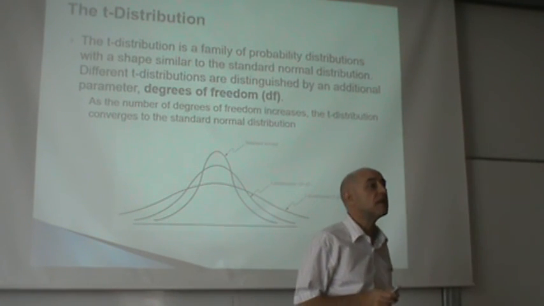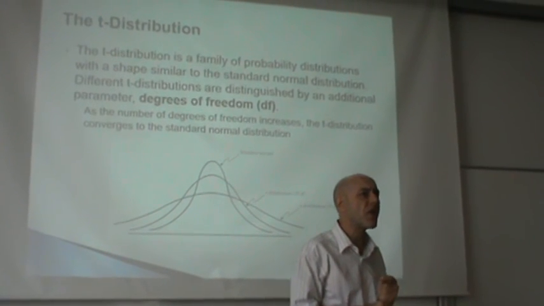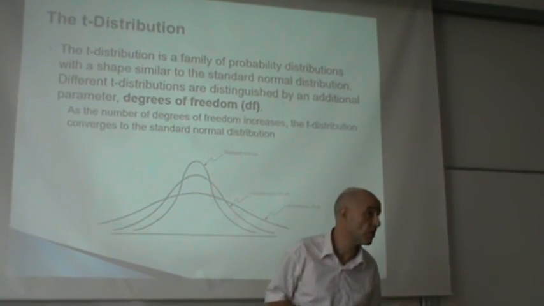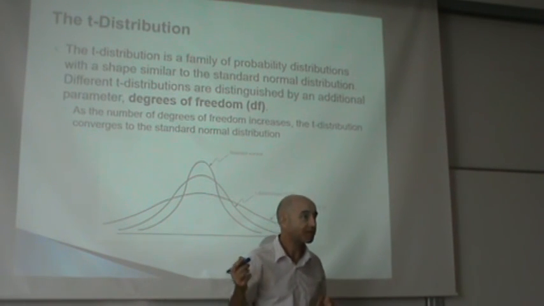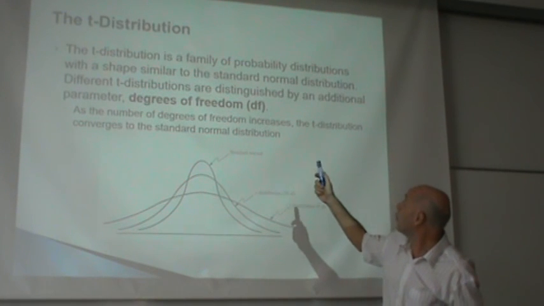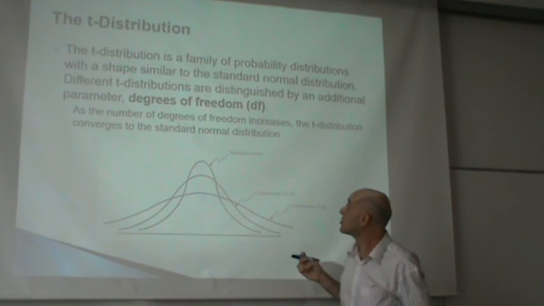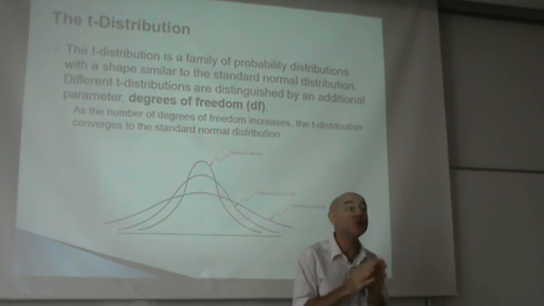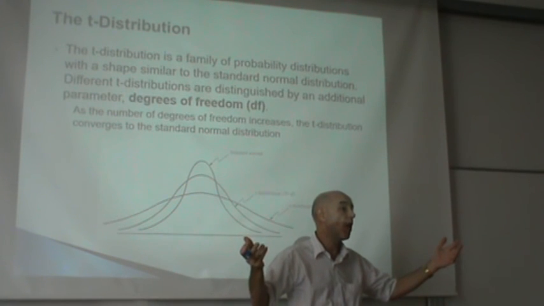And the t-distribution. The t-distribution is very, very similar to the normal distribution, and it works with so-called degrees of freedom. You use the t-distribution when you don't know the standard deviation of the population.